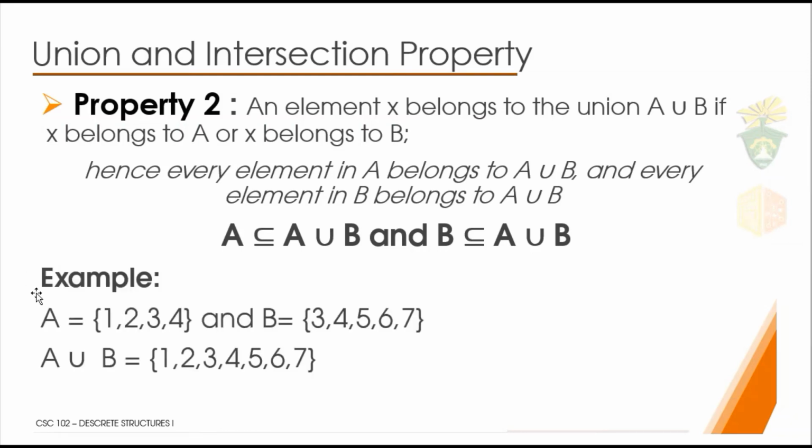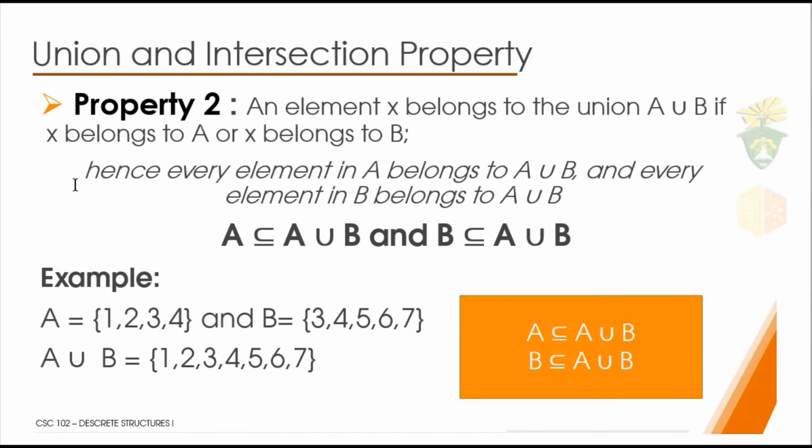So for example, we have set A that has elements 1, 2, 3, 4, and set B with elements 3, 4, 5, 6, and 7. If we union these, we have 1, 2, 3, 4, 5, 6, and 7. As you can see, the A here belongs to the A union B, and the B here also belongs to the set.